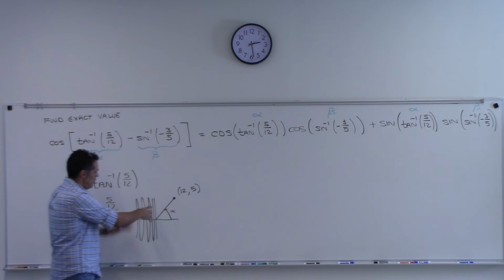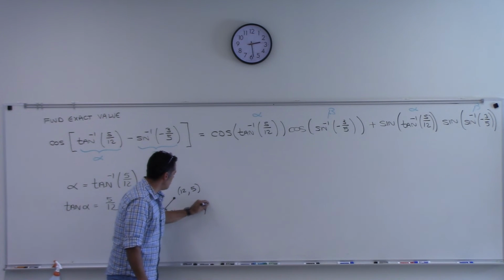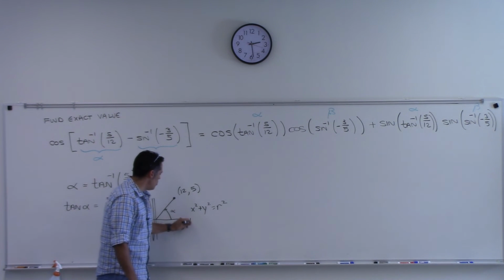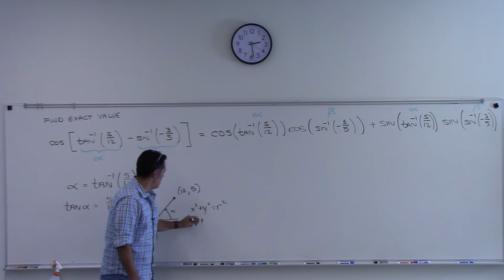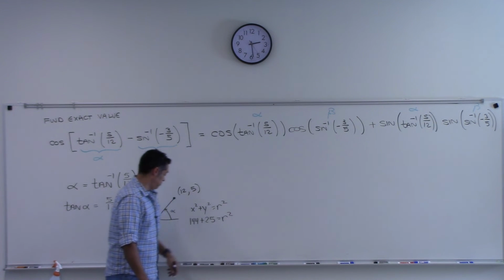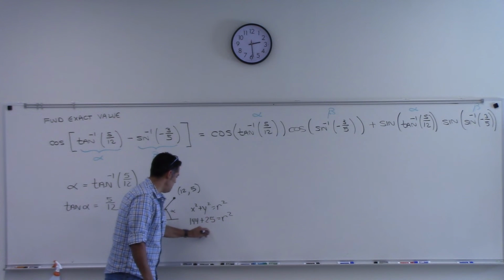Let's finish this off over here. I know that x squared plus y squared is r squared. So 12 squared, 144, plus 5 squared, 25, must be r squared. That's 169. That's a perfect square, isn't it?